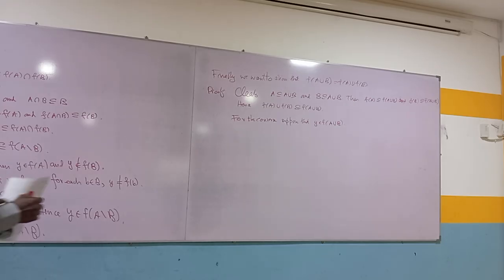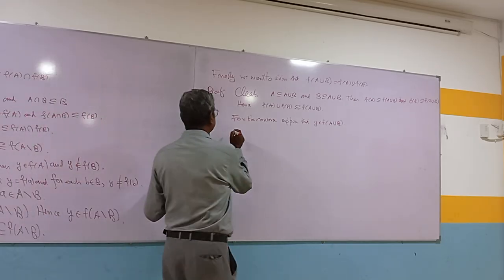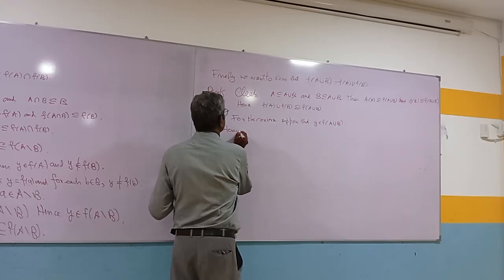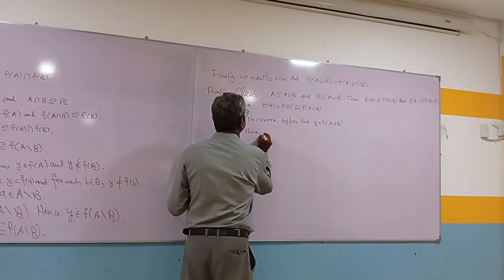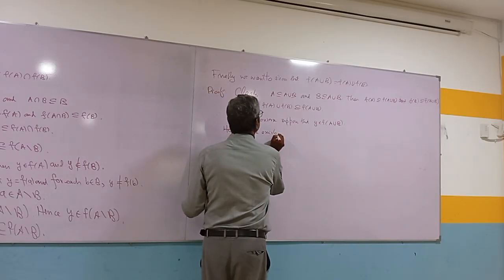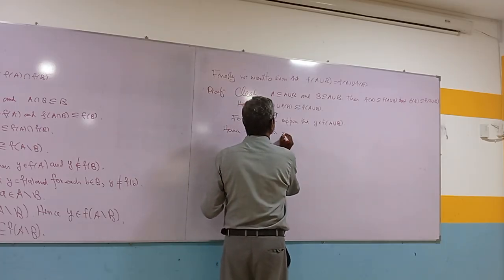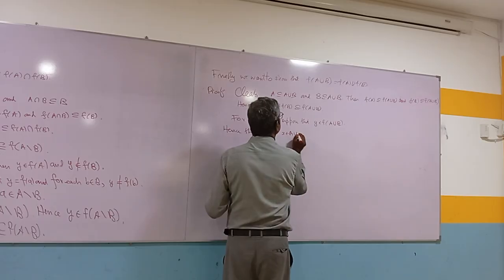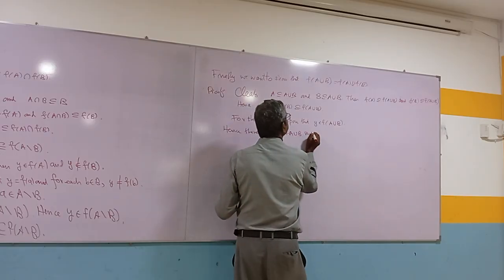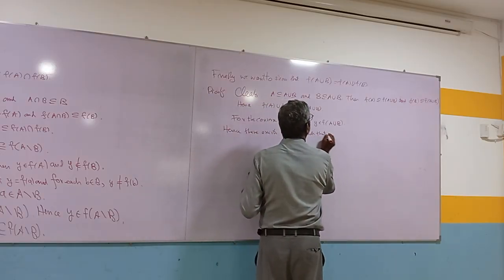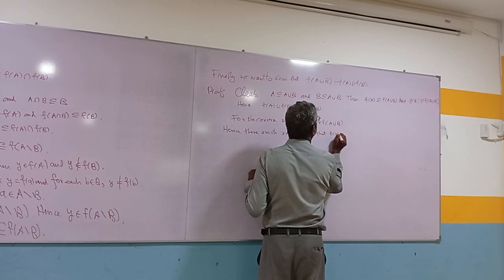What this means is, hence, there is x belonging to A union B such that y is equal to f(x).